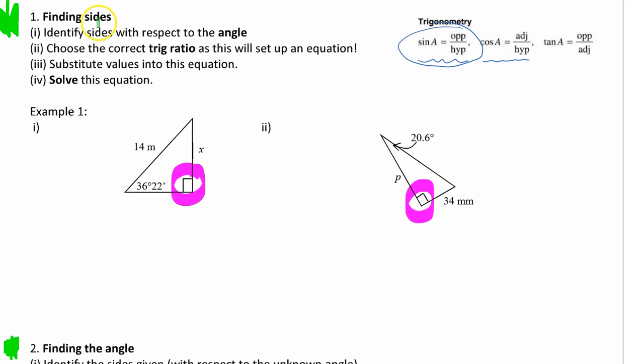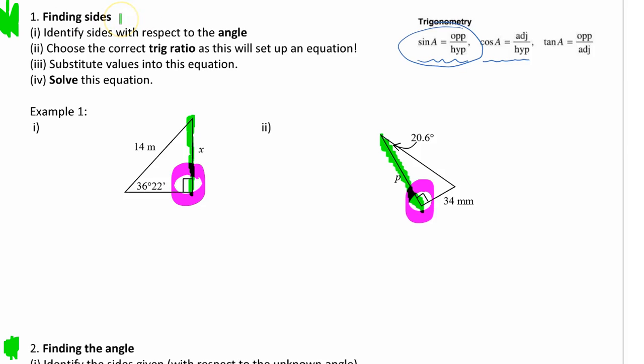So if we're finding a side, now clearly in this question, the x, the unknown, the thing we're going to solve for once we've got an equation, is here on this side of the triangle. So we're finding this green side. Over here in this example, the pronumeral is P, but that P represents the length of this side of a triangle.